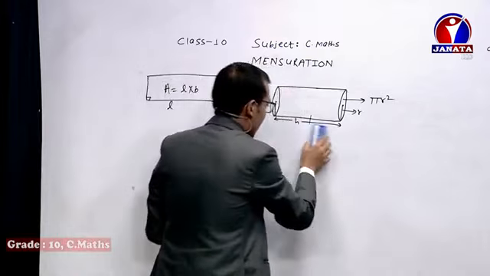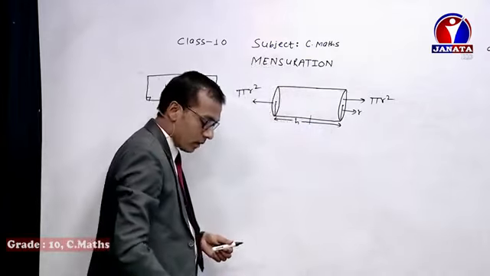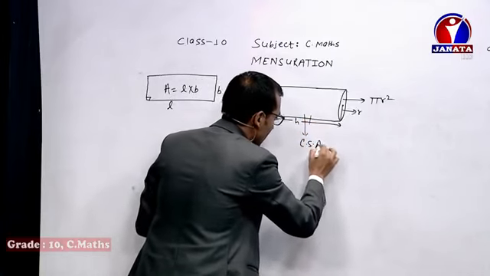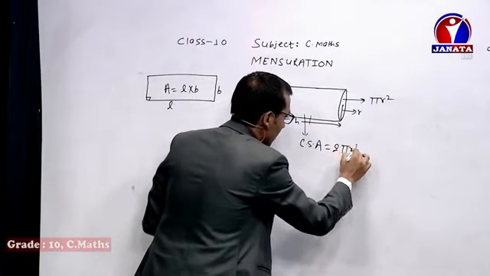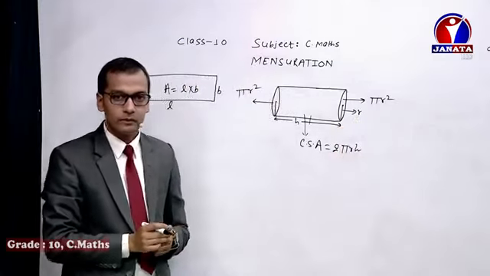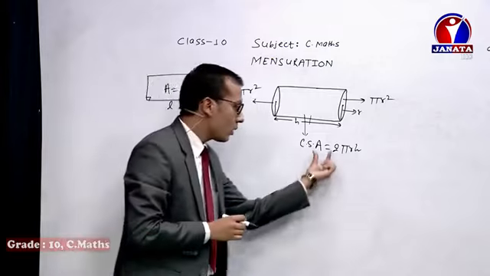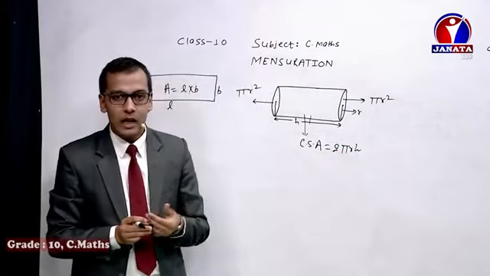Curved surface area, we know now what the curved surface area is. CSA is 2 pi r times h. Area of base pi r square, curved surface area 2 pi r h.